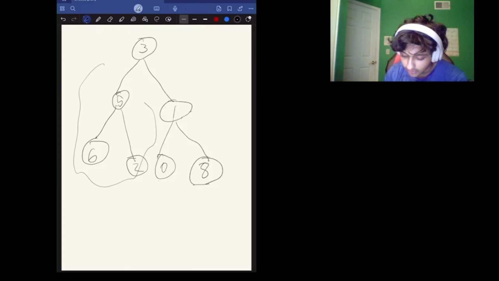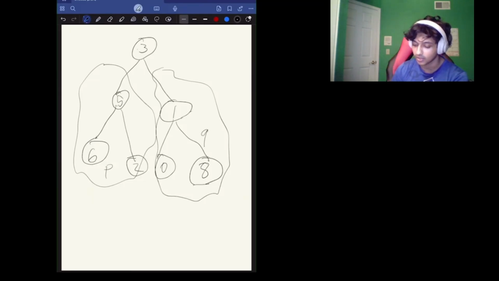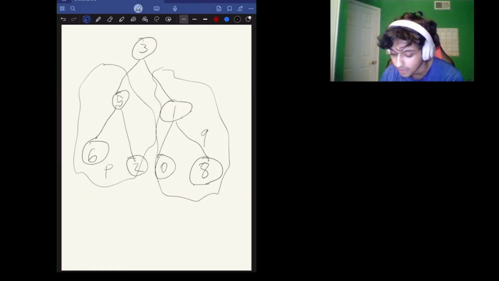For example, for this node 3, there's going to be a left subtree and a right subtree. So if P is in this subtree and Q is in this subtree, we know that this is going to be the common ancestor.